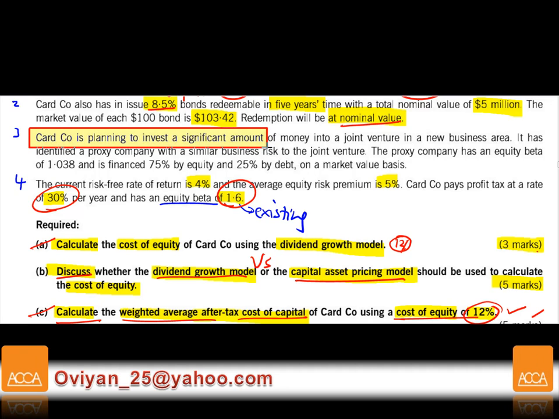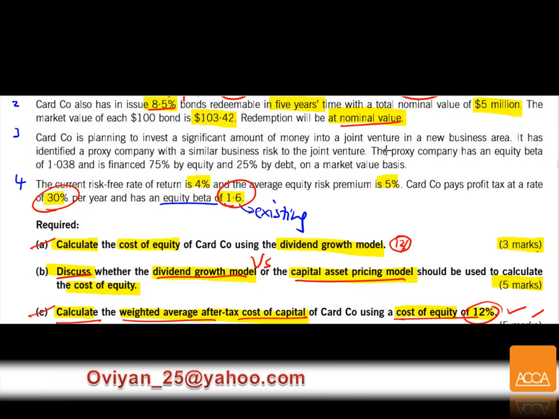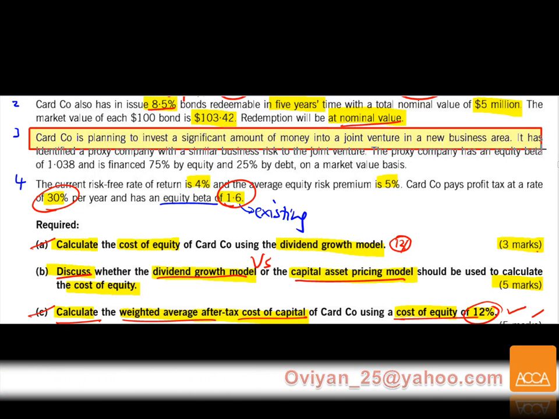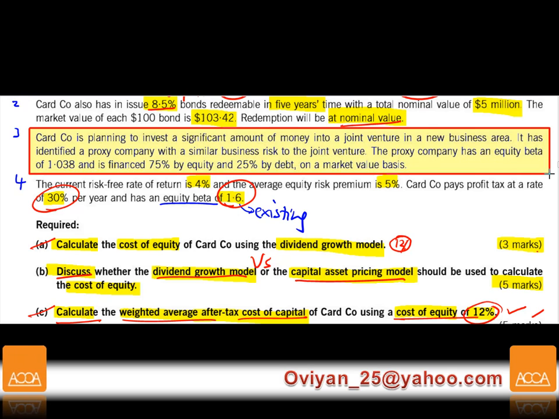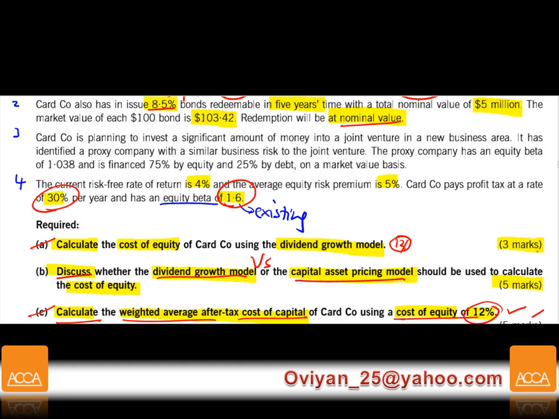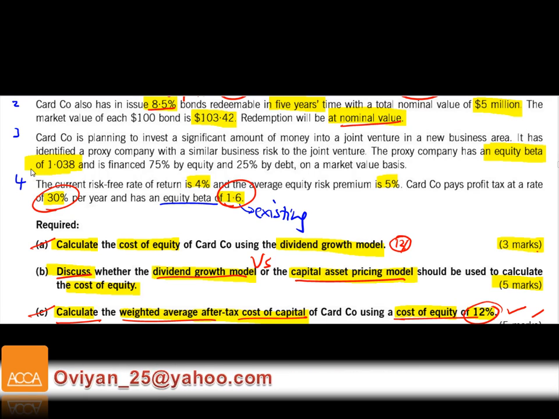You only do this if it's significant, if the project is material. The money goes into the new venture of a new business area. It has identified a proxy company with a similar business risk. The proxy company has an equity beta of 1.0. So careful, the keywords are equity beta. That's what we're going to ungear now.